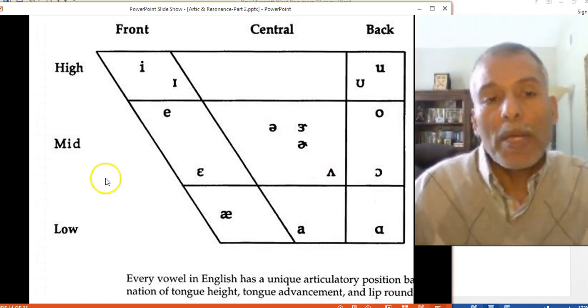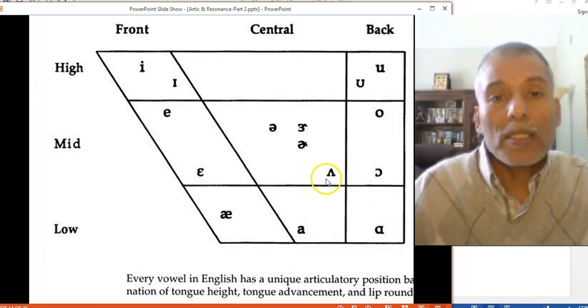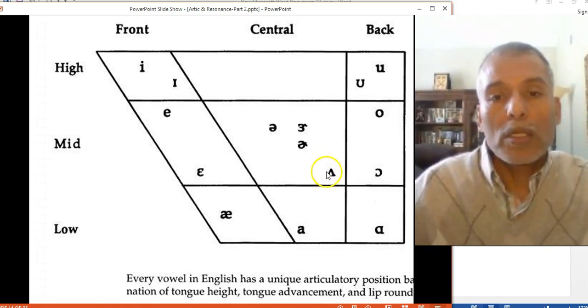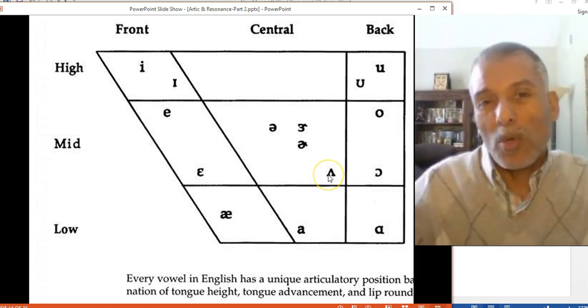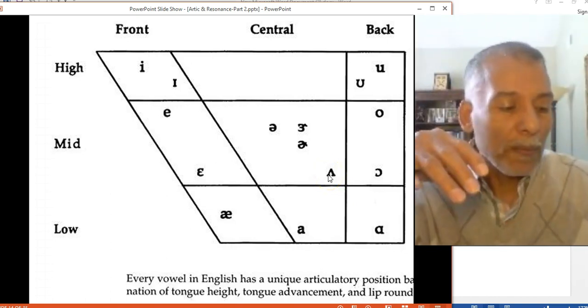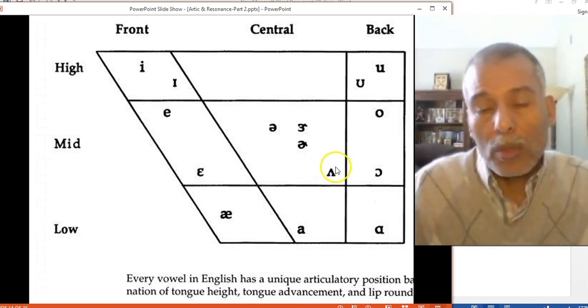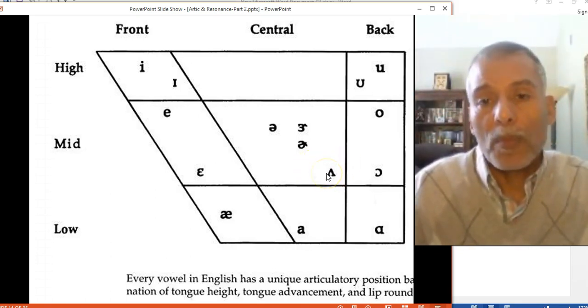For the other one, we say mid-low, a low-central. In some research you will find it squarely placed as a low vowel, but most studies put it there, and we consistently follow just one style, so we wouldn't be confusing you. So we put it in this area here.